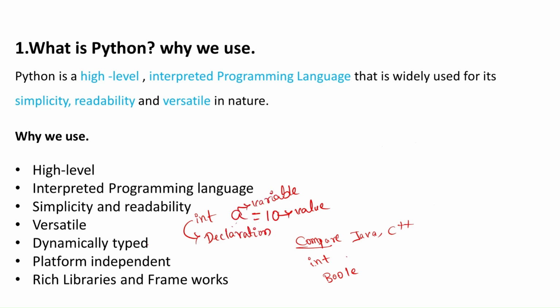So it will be determined during the runtime. That's why it is a dynamically typed language. Dynamically means it will be determined during runtime. For example, I am giving a equal to Ram. It will be determined during runtime as a string data type.